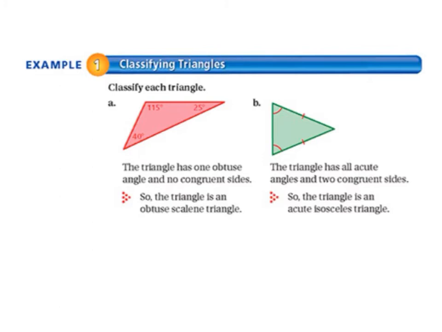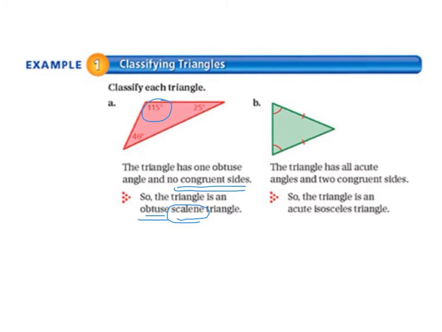When we look at the angle, we know that it's an obtuse triangle because it has an obtuse angle that's greater than 90 degrees. And since none of its sides are congruent, then we know it's a scalene triangle. So it is an obtuse scalene triangle.